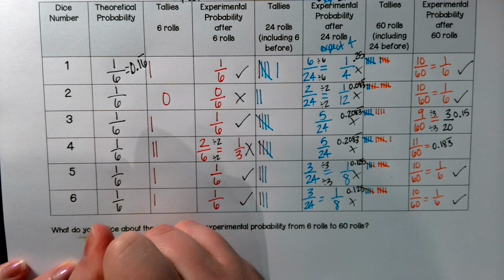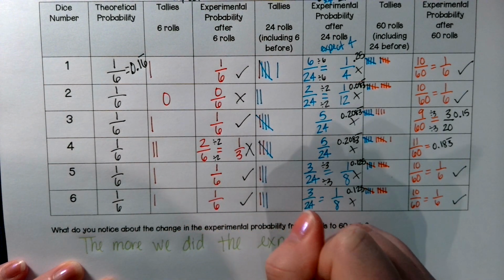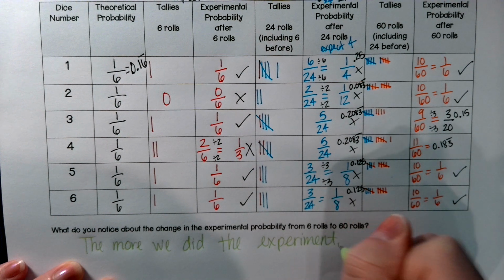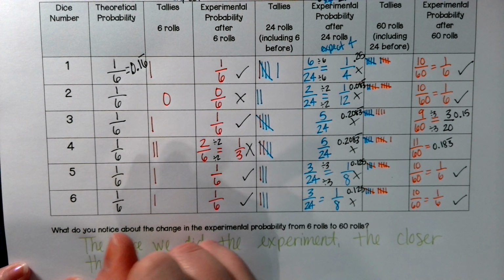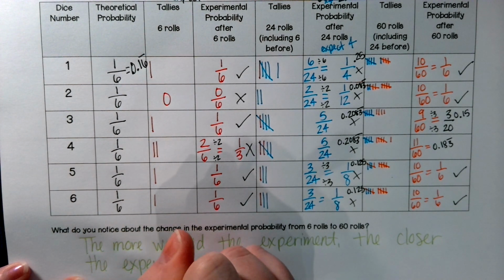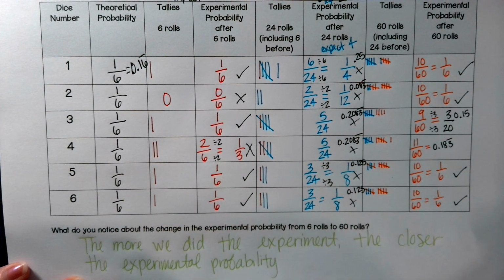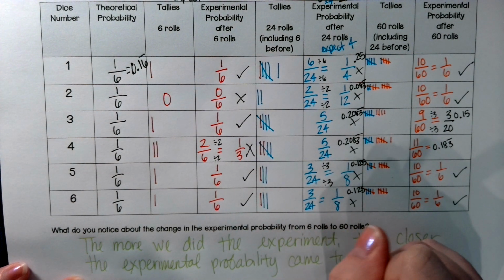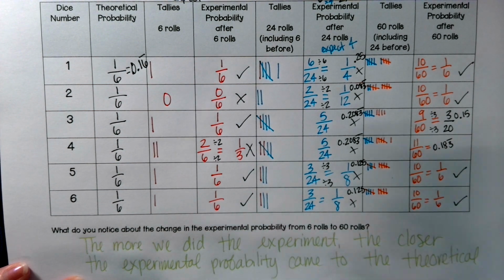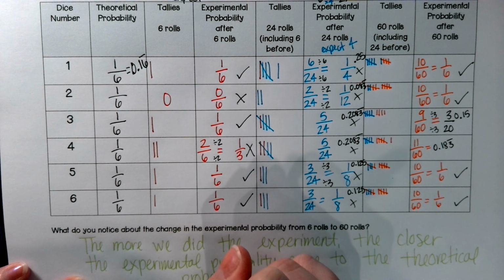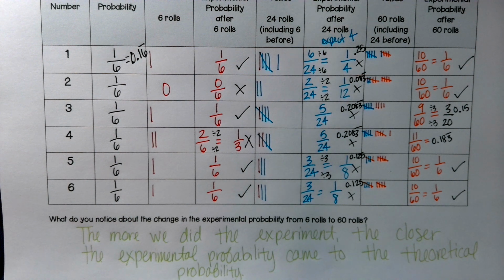The more we did the experiment, the closer the experimental probability came to the theoretical probability. And that's the biggest thing that we want you to take from this unit right here.